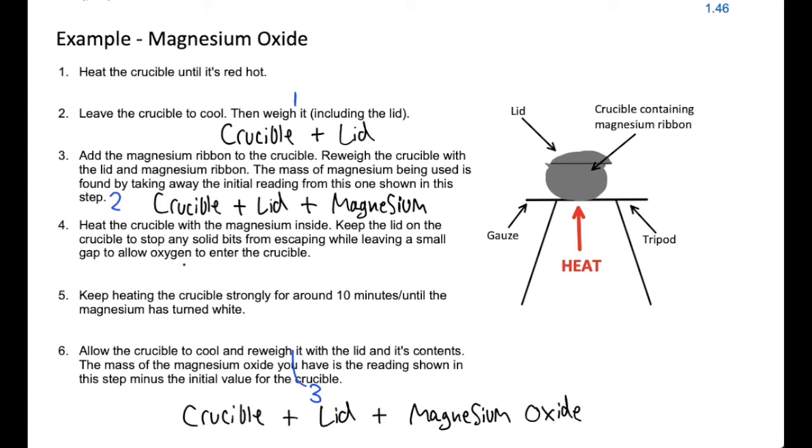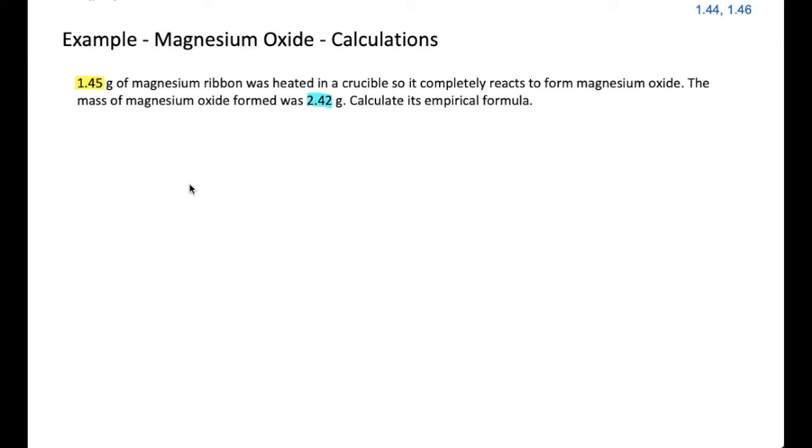Magnesium oxide, as the name suggests, is made up of only two elements, magnesium and oxygen. We start with just magnesium, but while heating it, the oxygen we allow into the crucible reacts and combines with the magnesium to form a new substance, magnesium oxide. That is why the mass increases.